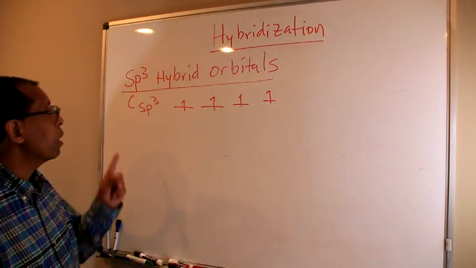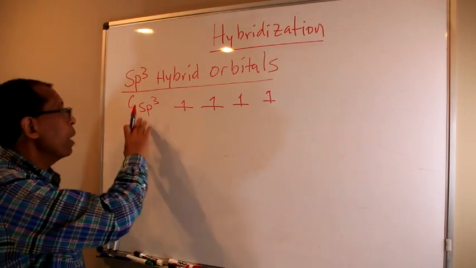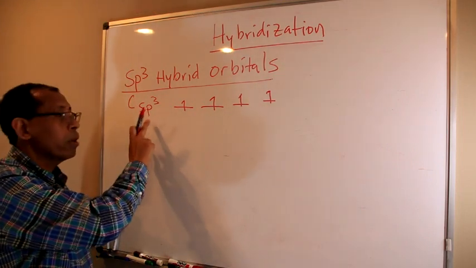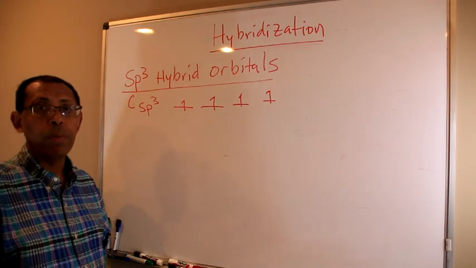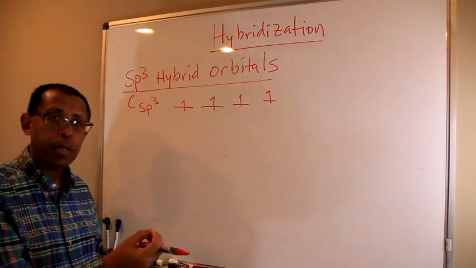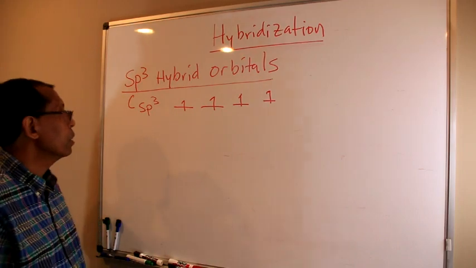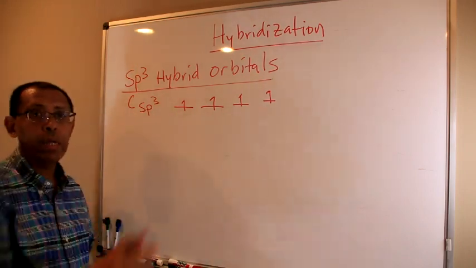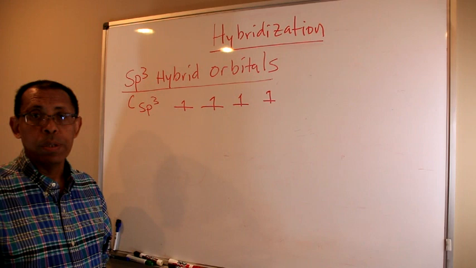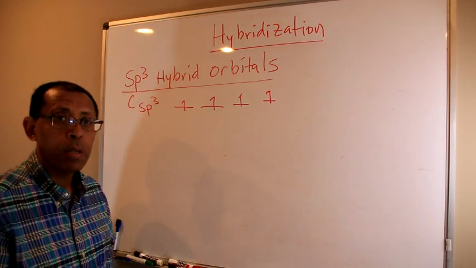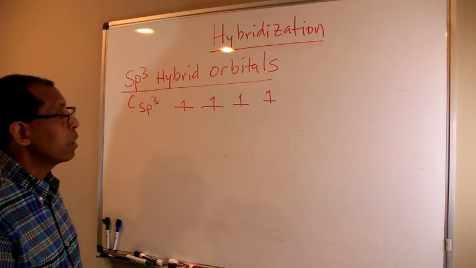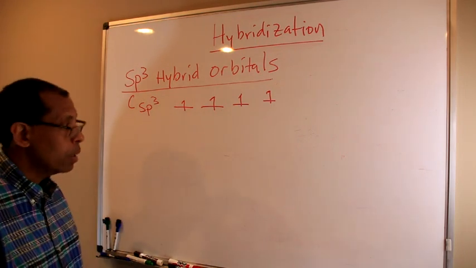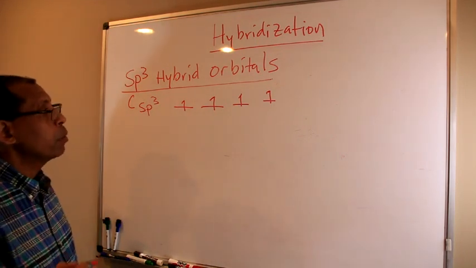They are made of one s and 3 of the p orbitals, which is why they are called sp3 hybrid orbitals. They are made of one s and 3 p orbitals in carbon to generate degenerate, or equivalent, orbitals that contain 4 electrons. So how do they look?